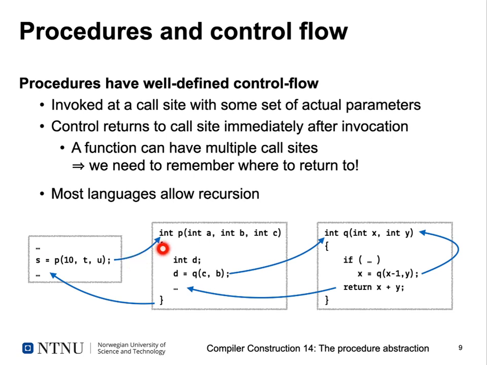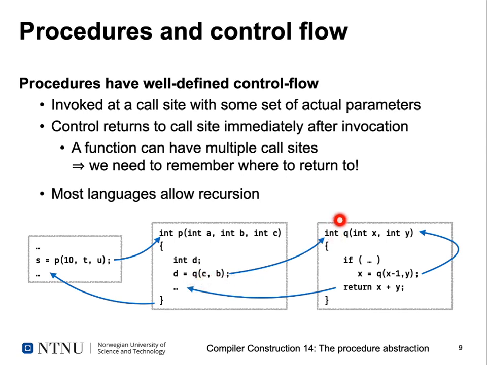So this changes execution to this function here, and it takes care of copying these parameters over. Then this function starts executing. This might execute the call to a different function, to the function Q, passing parameters C and B to it.